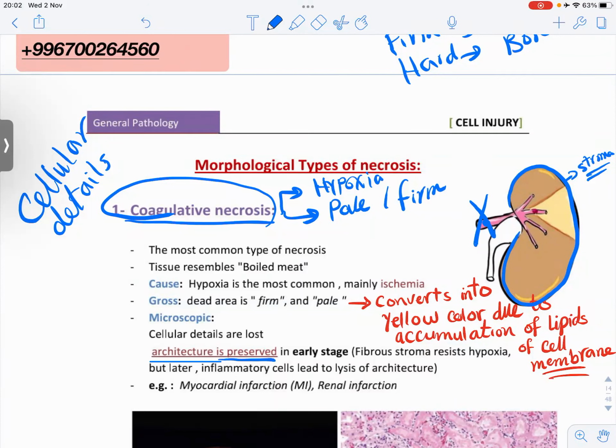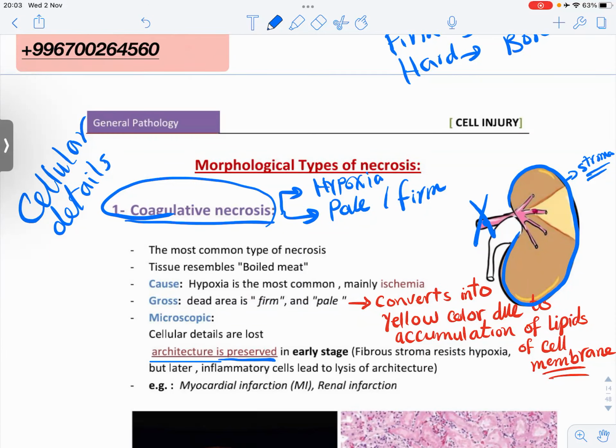It means it can resist hypoxia. But later, of course, the architecture will also be destroyed. But in the early stage, the stroma and the outer surface can resist.